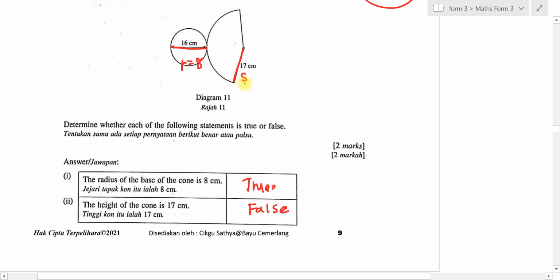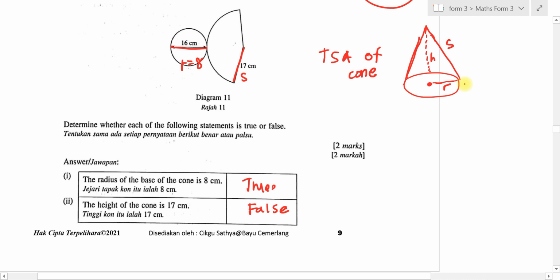Slanting height is important when we calculate the total surface area. Because for the total surface area of a cone, imagine this is your cone. So this is your s, this is your height, and this is your radius.